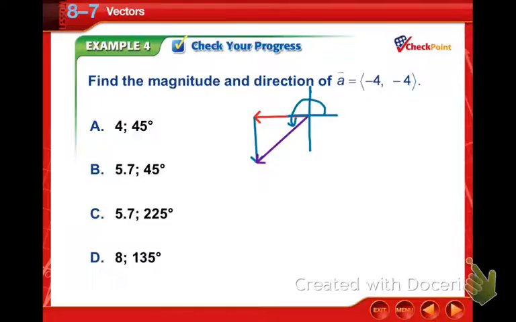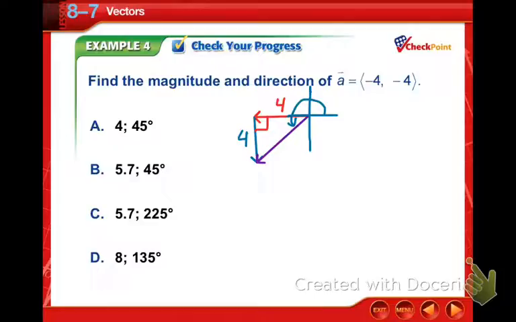So we know that this is 4, this is 4. So what do we know about right triangles that have the same sides? It's a special right triangle, right? This is a 45-45 triangle.